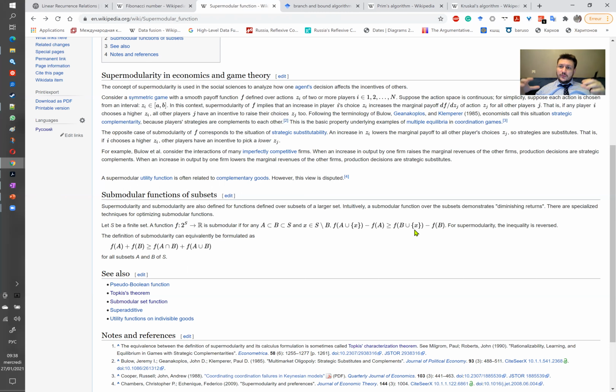So the increase will be smaller for the larger set.